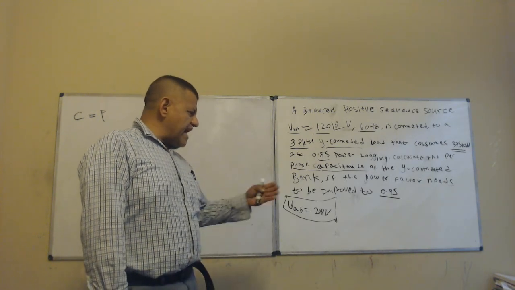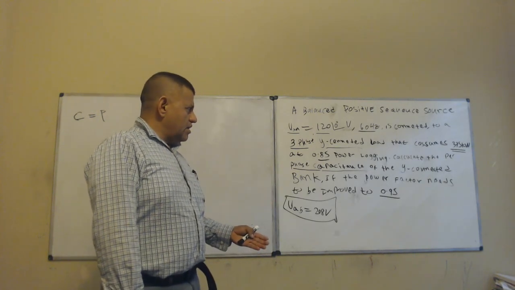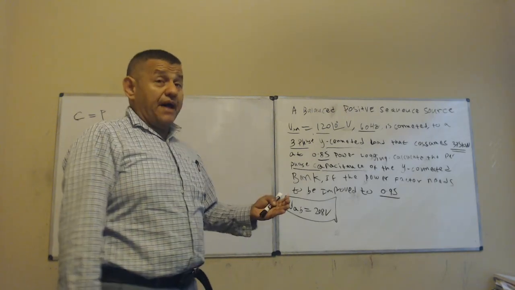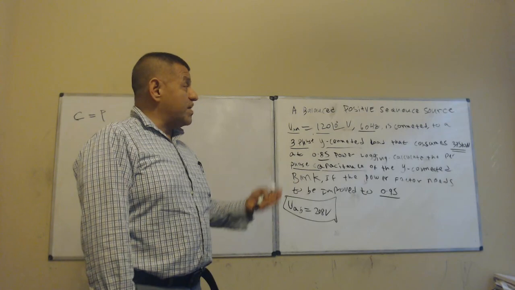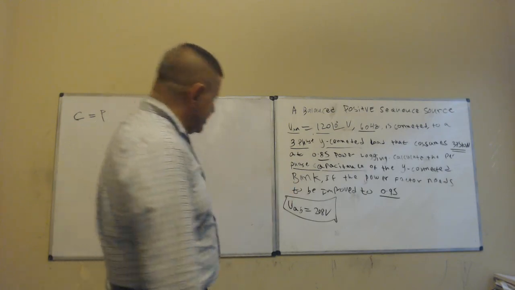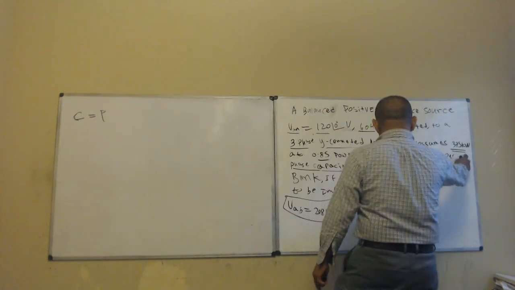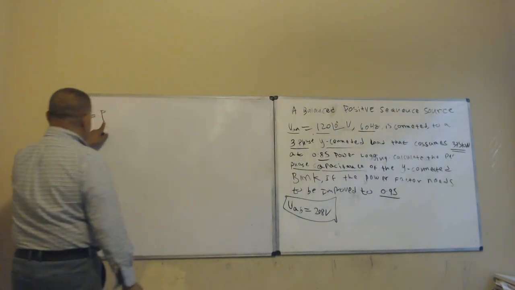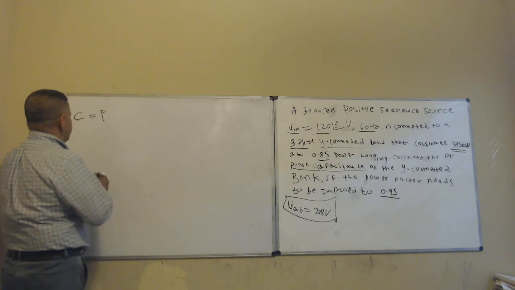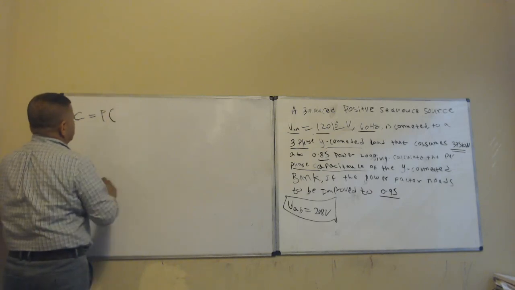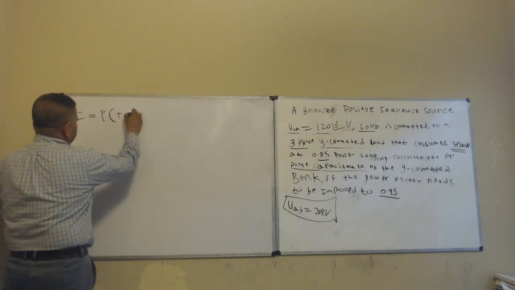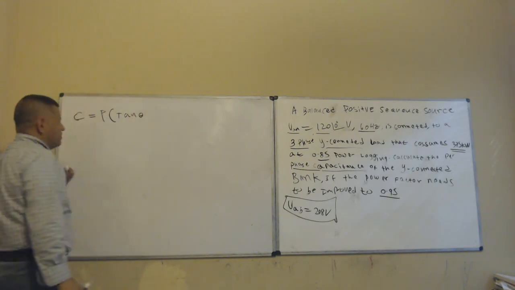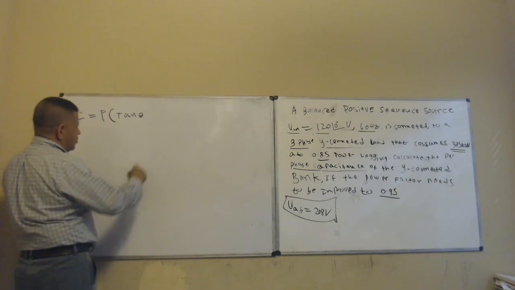It doesn't consume reactive power, it doesn't consume apparent power. What it does consume is real power. So this is a real power. Therefore, we need to use the formula that is called P. C is equal to P, and inside the parentheses we put tangent of theta. Normally, we put the tangent of theta.